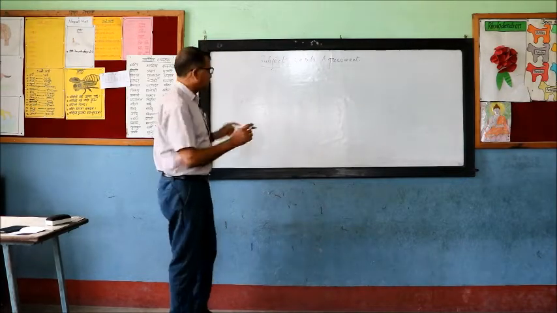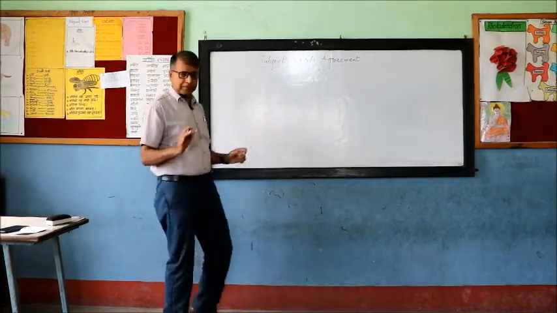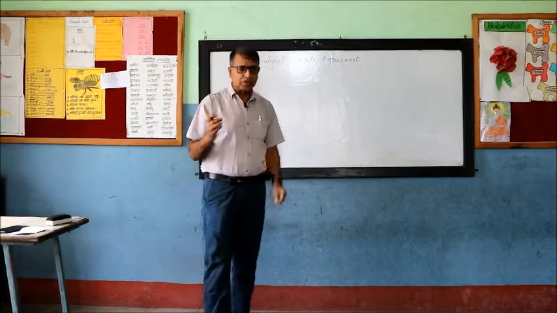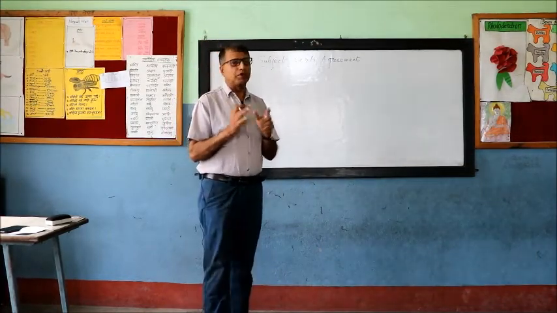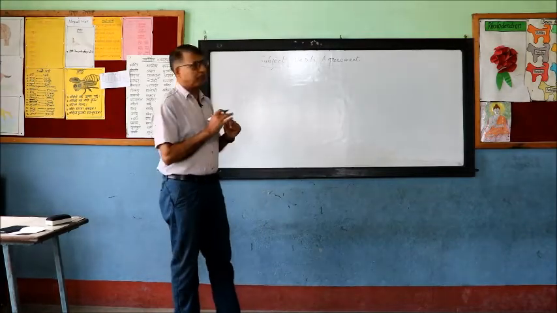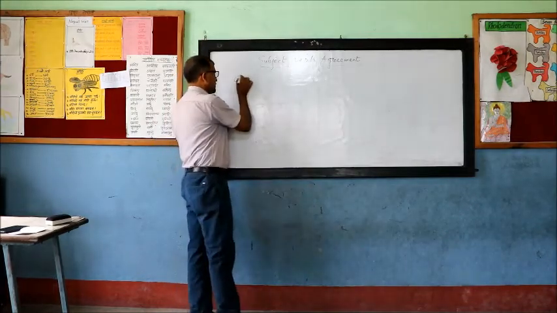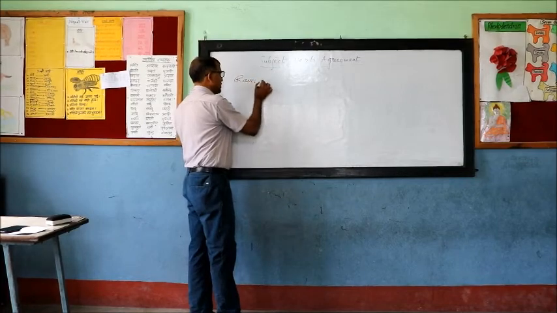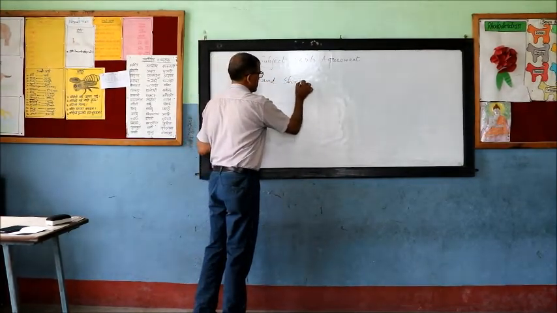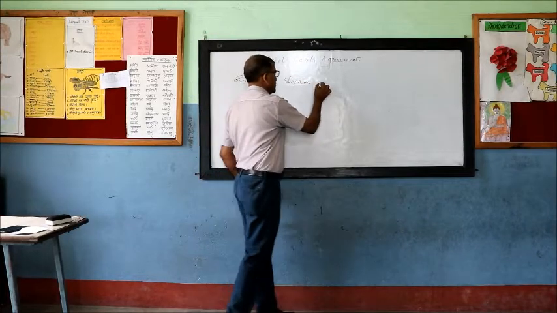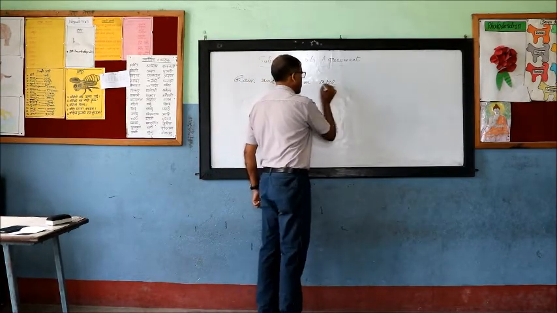If there are two singular subjects in a sentence joined by and, then we use plural verb. For example, Ram and Shyam are friends.